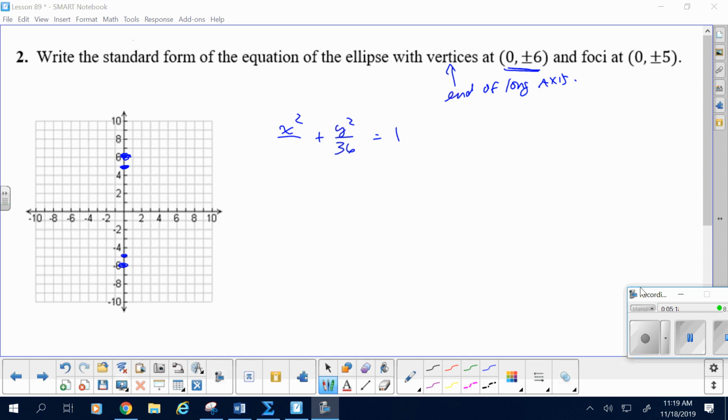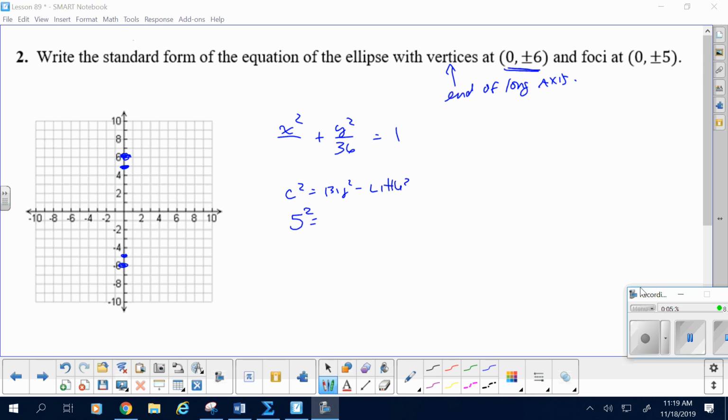Yes. Okay. The foci we can then use to find the little. Remember, c squared is big squared minus little squared. What's c? 5 in this case. And big is, or little?